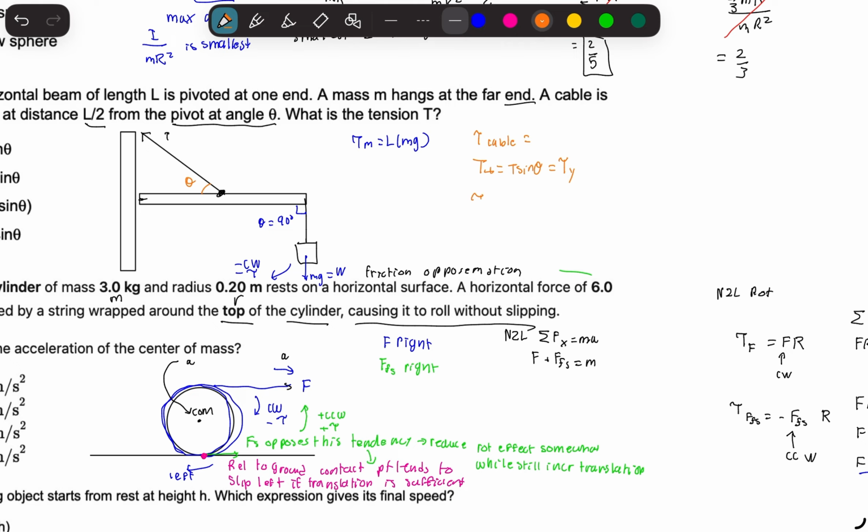So the torque from the tension is equal to L/2 T sine of theta. And it's pulling the beam counterclockwise.